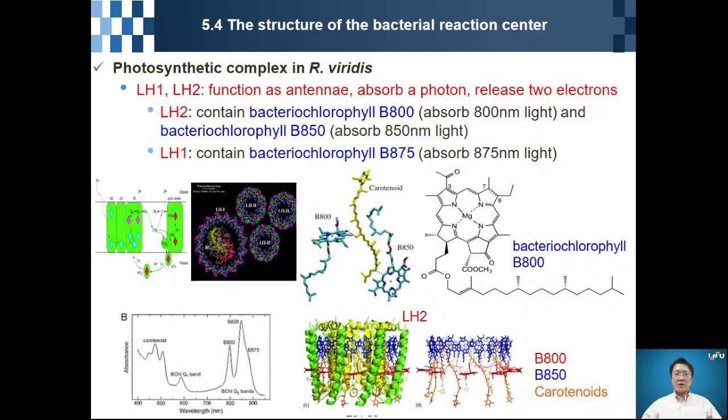In this slide, I will explain the structure of the bacterial reaction center. So the bacterial reaction center belongs to the photosynthetic complex in cyanobacterium. So cyanobacterium has the photosynthetic complex, which is composed of LH1, LH2, the reaction center, and the cytochrome bc1 complex.